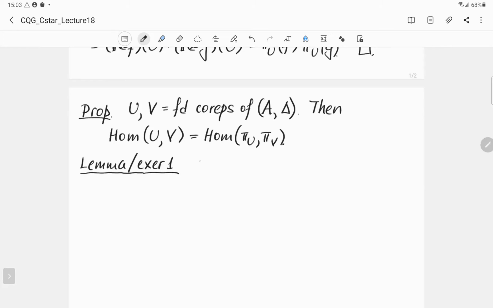Namely, for each linear functional f on A, and for each element U in the tensor product of L of E and A, we have the following identity.